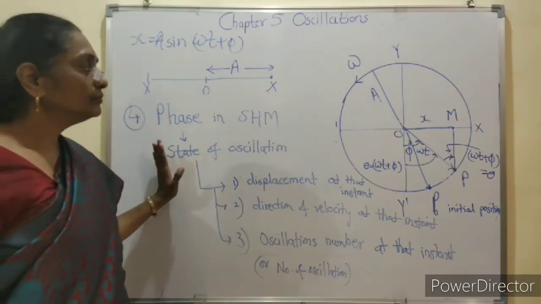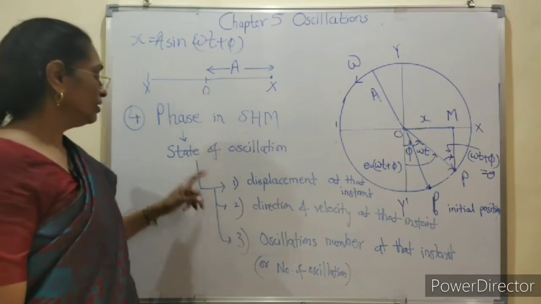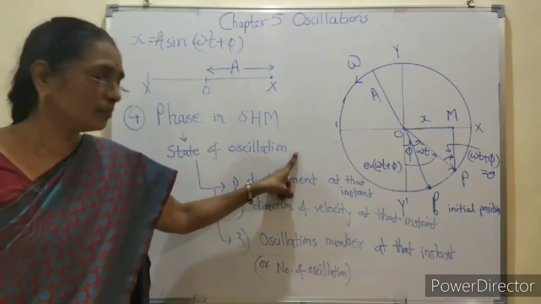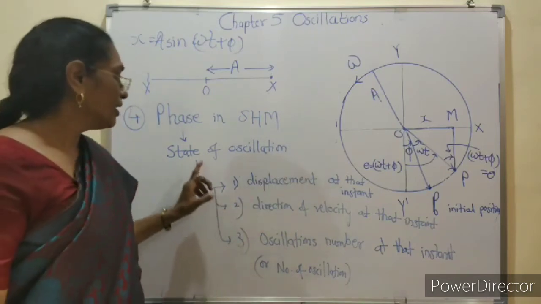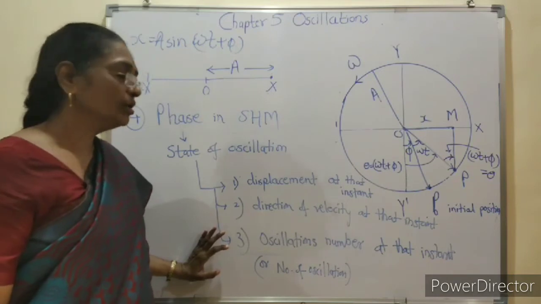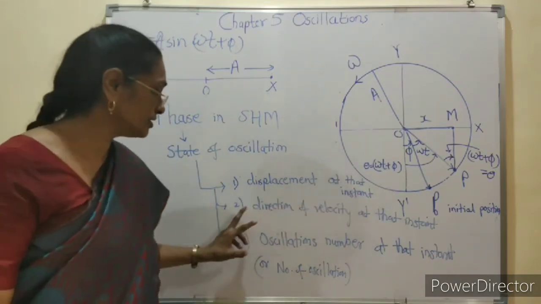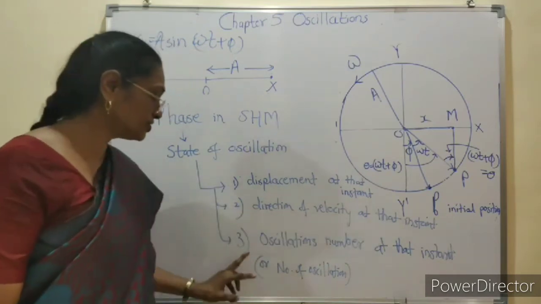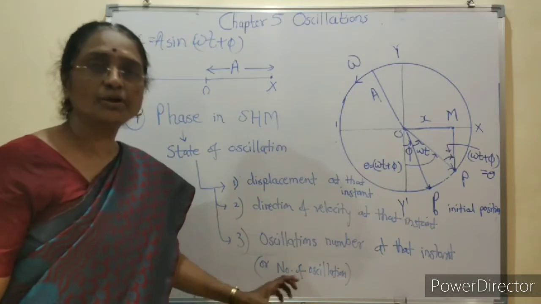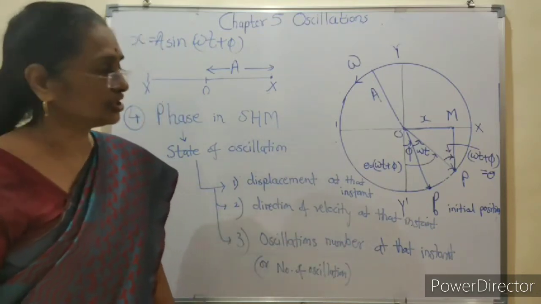Here I can repeat, phase in SHM is the state of oscillation of the particle in SHM, and state of oscillation can be known by knowing displacement at that instant, direction of velocity at that instant, and the number of oscillations completed, or the oscillation number at that instant.